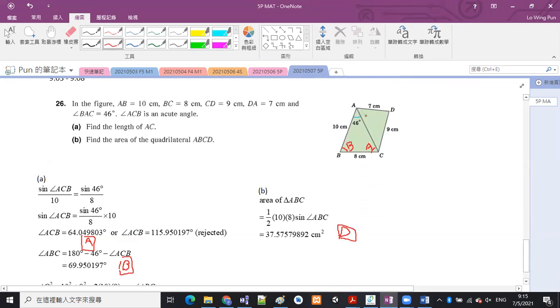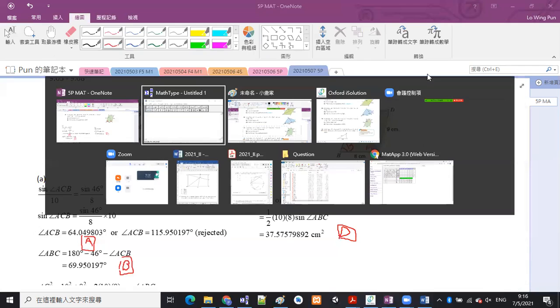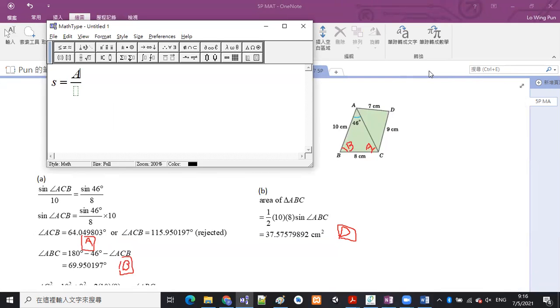And then we also have triangle ACD. And in triangle ACD, we have found the length of AC, and we just have all the lengths. So we need to use the Heron's formula, right? So we need to calculate the S first. So S is equal to AC plus 7 plus 9 over 2, okay?